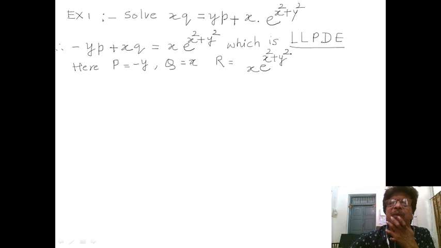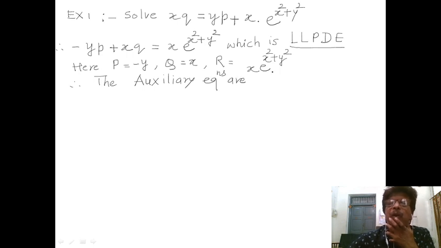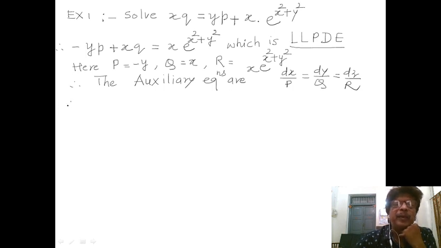These are the values of P, Q, R. Once we have identified these values, the auxiliary equations are, the formula is dx upon capital P equal to dy upon capital Q equal to dz upon capital R. So we shall substitute all these values of P, Q and R.